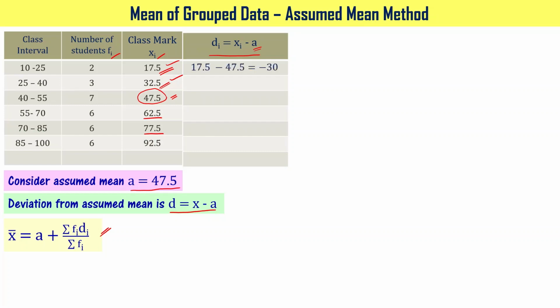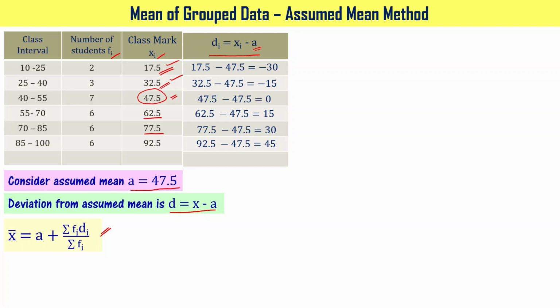The first class, it is 17.5 minus 47.5, that is equal to minus 30. For the second class, it is minus 15. For the next class, it is 47.5 minus 47.5, that is equal to 0. For the next class, it is 62.5 minus 47.5, that is equal to 15. The next class, it is plus 30. And for the last class, it is 45, right?